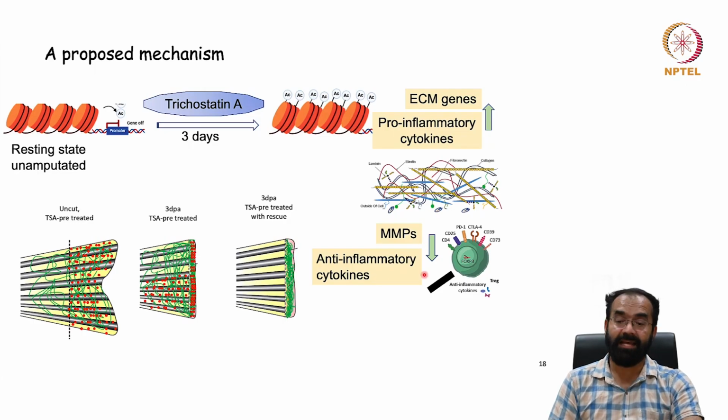The MMP levels and other anti-inflammatory cytokines come into normalcy, and you will end up getting a proper anti-inflammatory response, so that there will be a delayed regeneration that you can see, or normal blastema formation we can see.